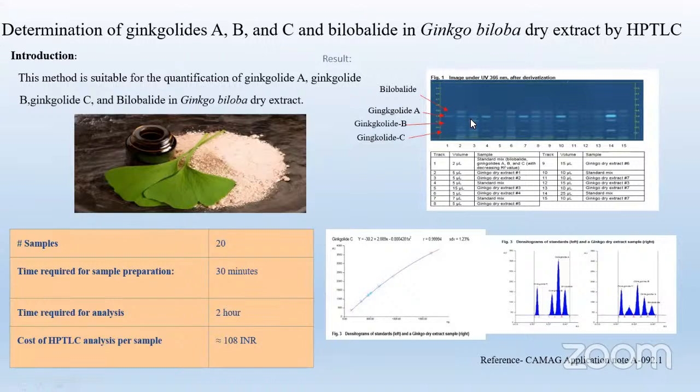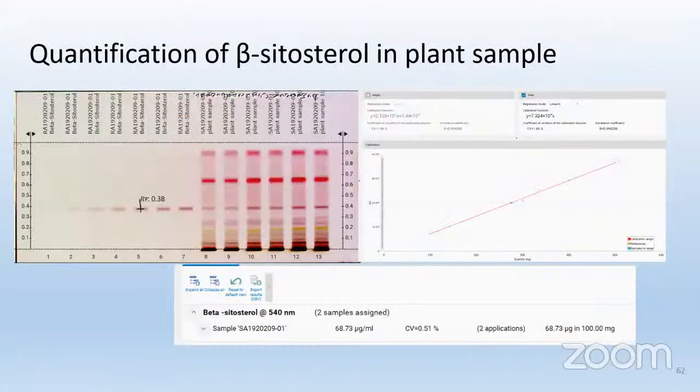They have developed a simultaneous method for identification and quantification of these four markers in this sample, Ginkgo biloba. This is the calibration graph and the chromatogram which we have obtained.